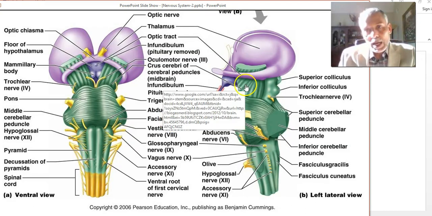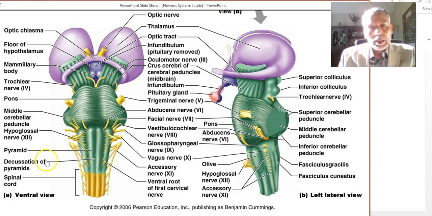You can see how the spinal cord is basically a connection between the upper parts of the brain and the lower parts of the body. So all of this information is going down to the spinal cord, and the brainstem is a hub for bringing information up to the brain and bringing information down from the brain.